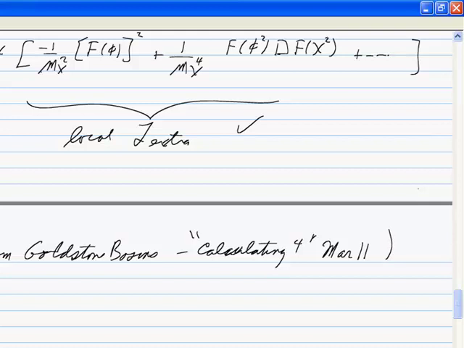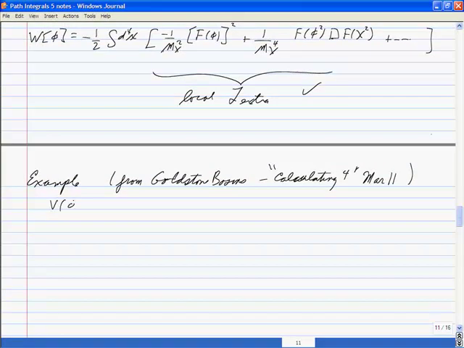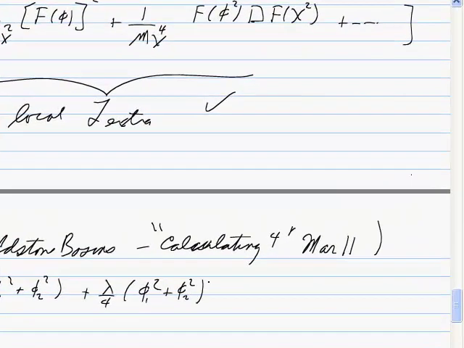But this was the idea where the case where we had two fields, V of phi 1, phi 2, which was minus mu squared over 2 times phi 1 squared plus phi 2 squared, plus lambda over 4 times phi 1 squared plus phi 2 squared, squared.